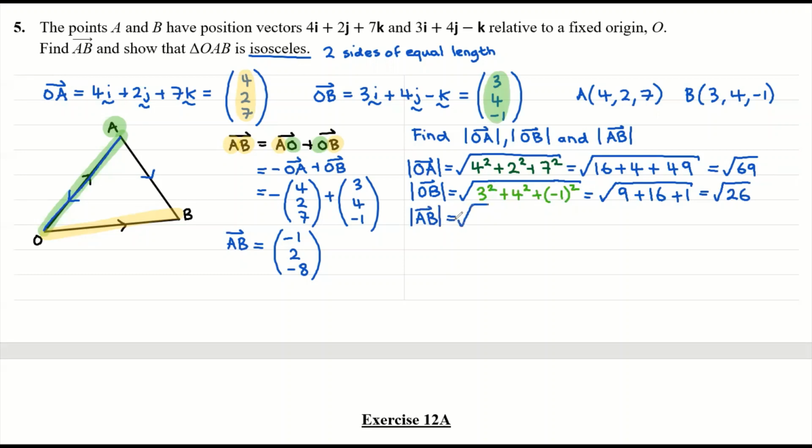So we need the magnitude of that. Now, AB is right here. We deduced it earlier. So we're going to plug those numbers in. Again, I'm going to use a different color here. So that's going to be -1 squared plus 2 squared plus -8 squared.